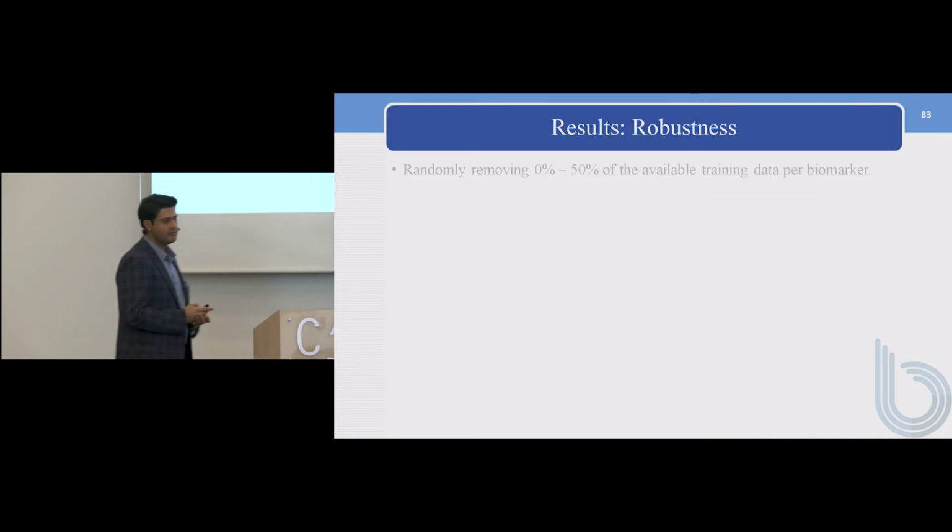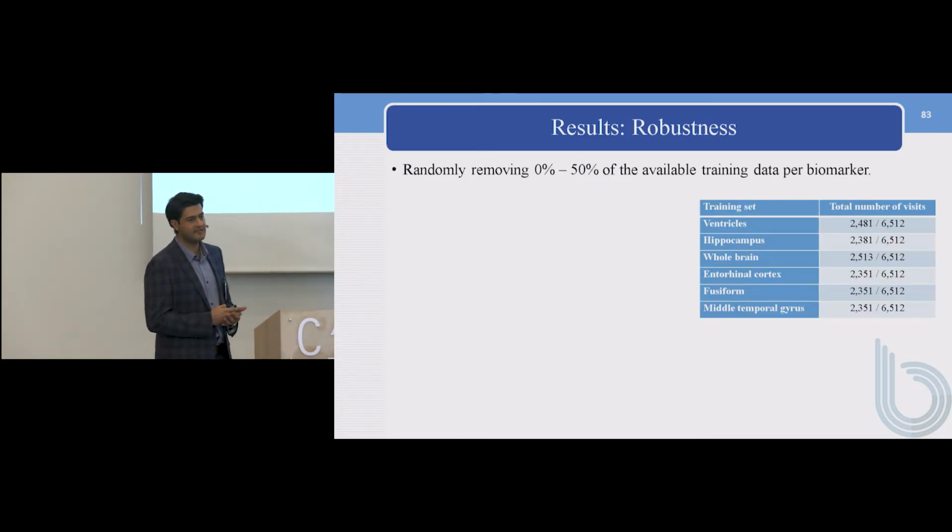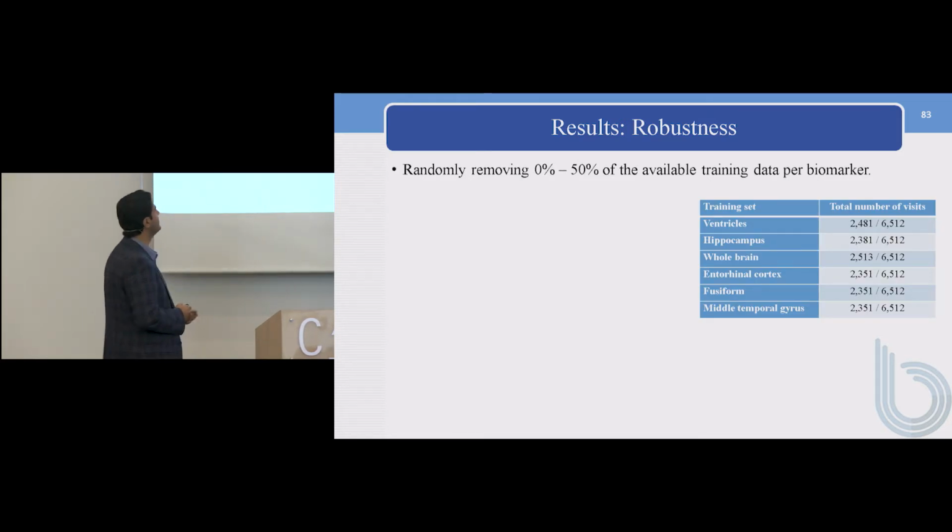Finally, to see robustness against missing values, we randomly removed up to 50% of the available training data per biomarker. Just note that we already have missing values per biomarker. As you can see, 2,000 out of 6,000 are available per biomarker.